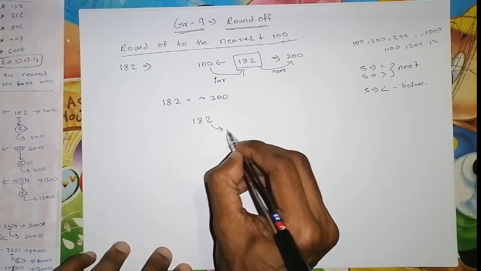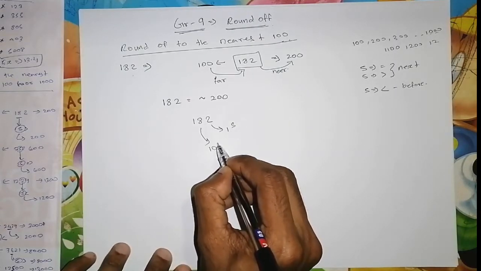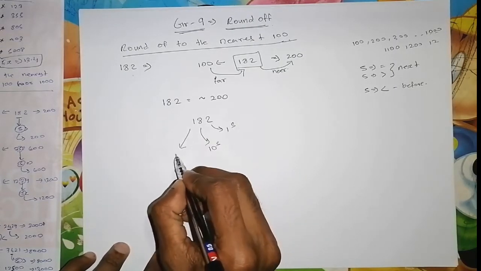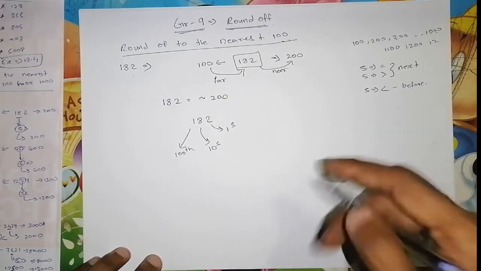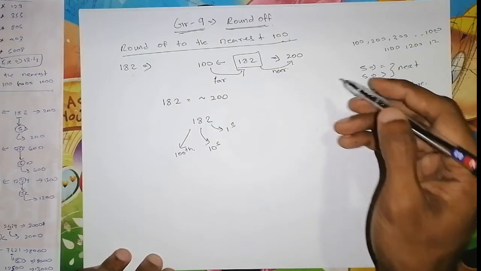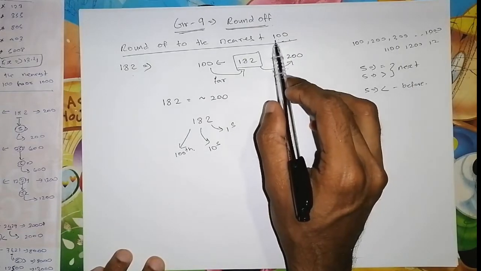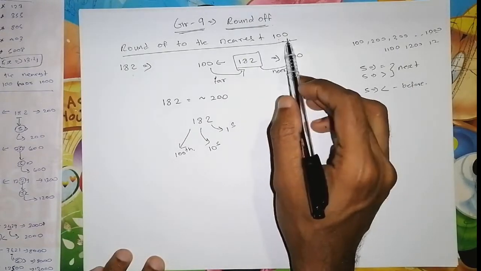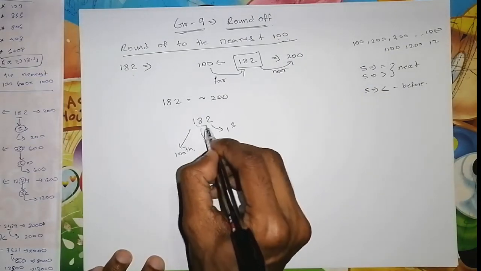In 182, 2 is in the ones position, 8 is in the 10th position, 1 is in the 100th position. If you want to round off to the nearest 10, you should check the ones. Here we have hundreds, so the position before is the 10th.